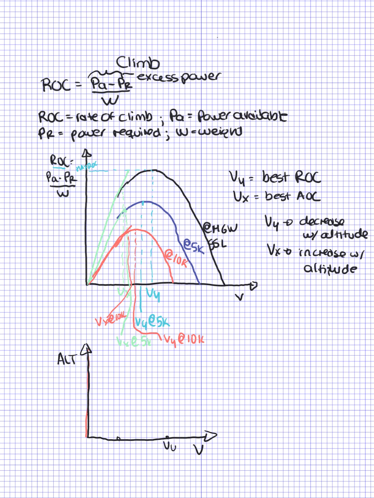So this is going to be Vy, this is going to be Vx, it's going to be lower at sea level. But as we increase in altitude, Vx is going to increase, Vy is going to decrease, and the point where they intersect is called the absolute ceiling.